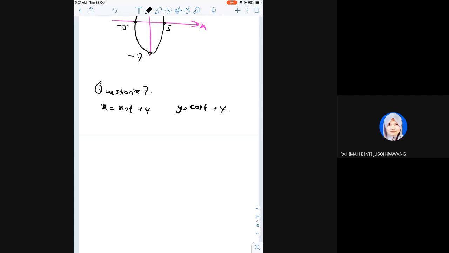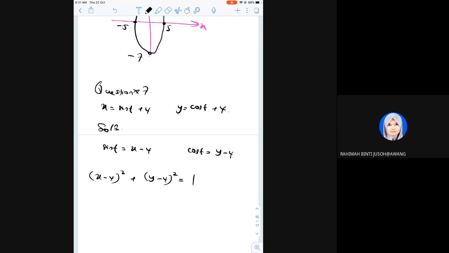Okay, so now the solution: sin t equals x minus 4 and cos t equals y minus 4. So (x minus 4) squared plus (y minus 4) squared equals 1.